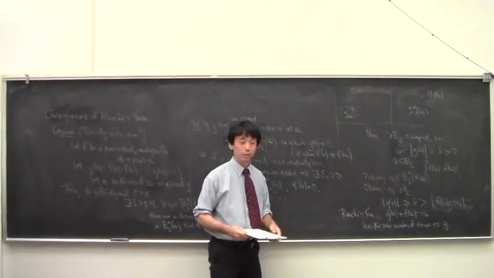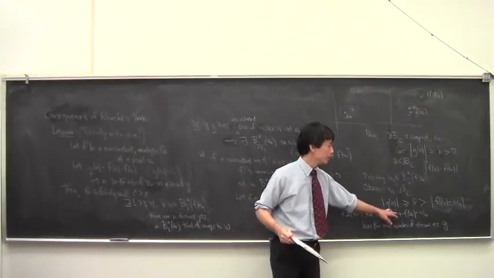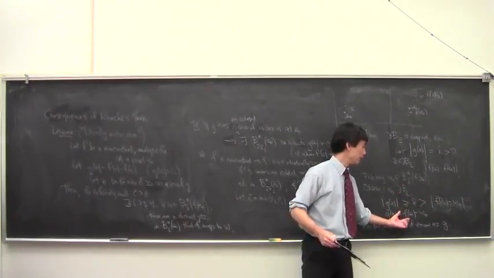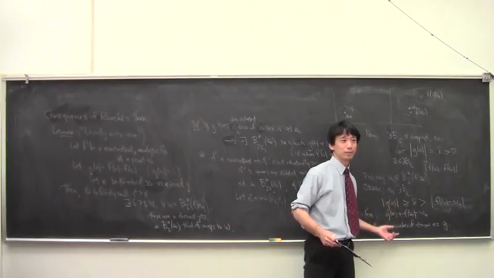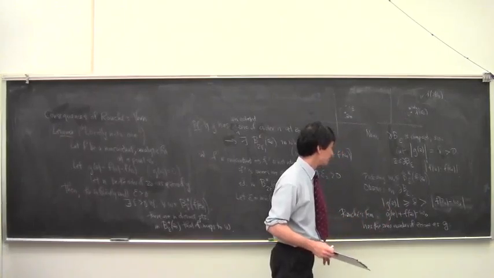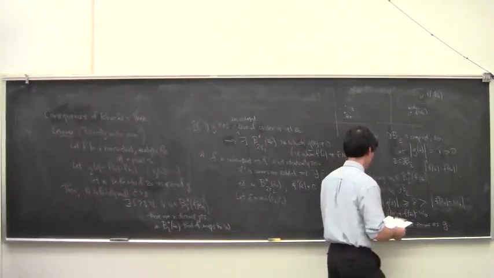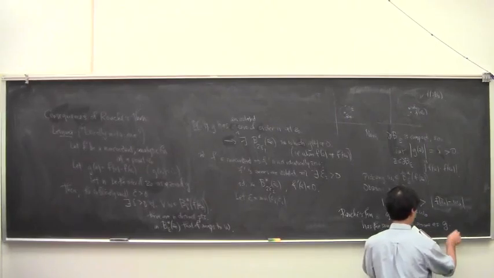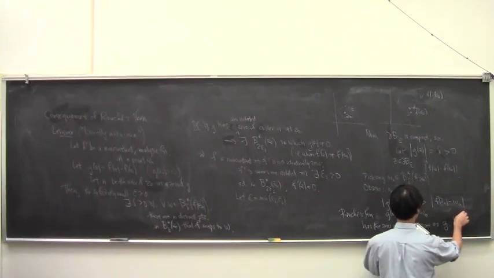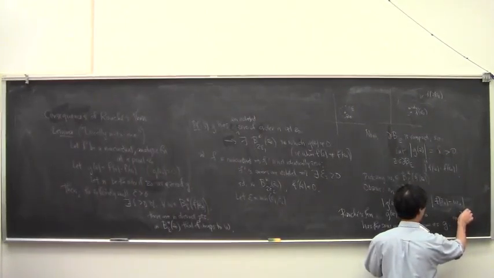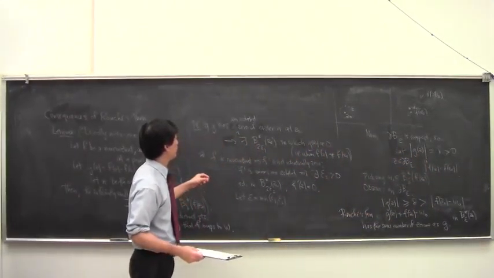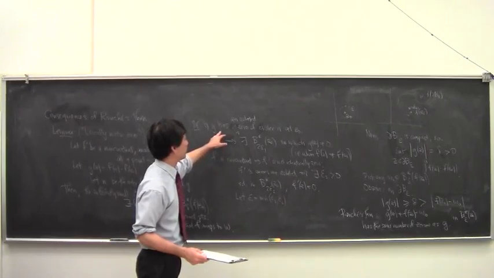This was one of the forms of Rouché's theorem: if this guy is bigger than that guy, then the sum of the two functions has the same number of zeros as the bigger guy. So inside the ball, but how many?